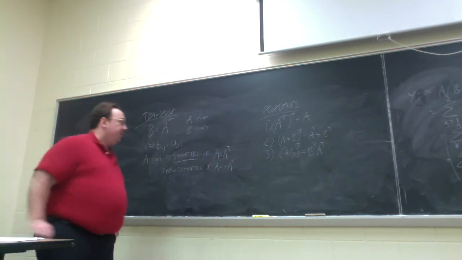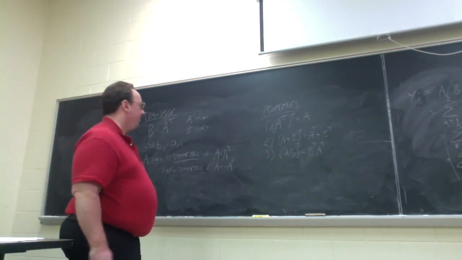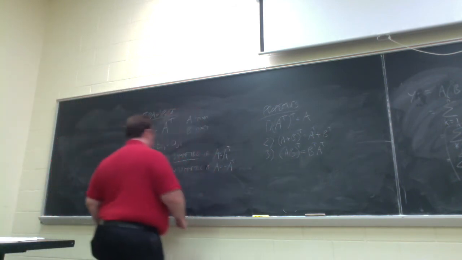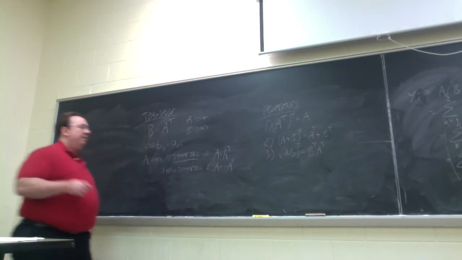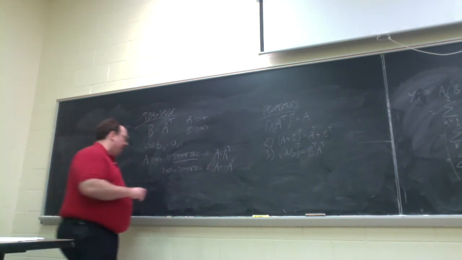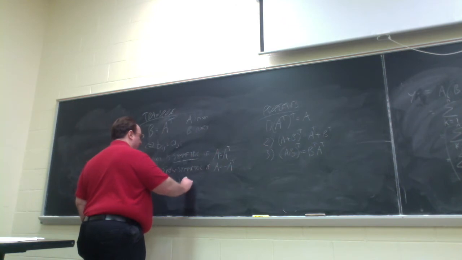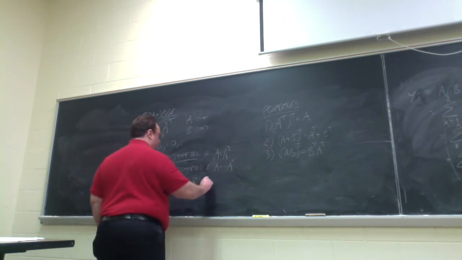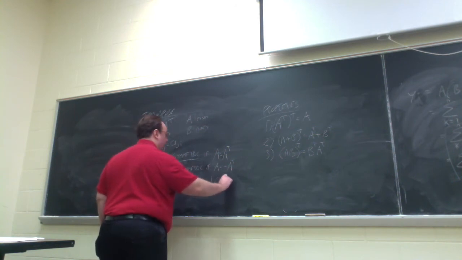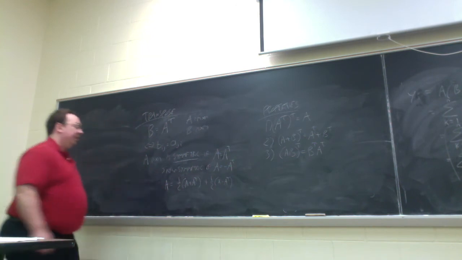Now, I should mention, speaking of symmetric and skew symmetric, every matrix can be written as a sum of a symmetric matrix and a skew symmetric matrix. If I write A this way as 1/2 (A plus A transpose), and then I have plus 1/2 (A minus A transpose).